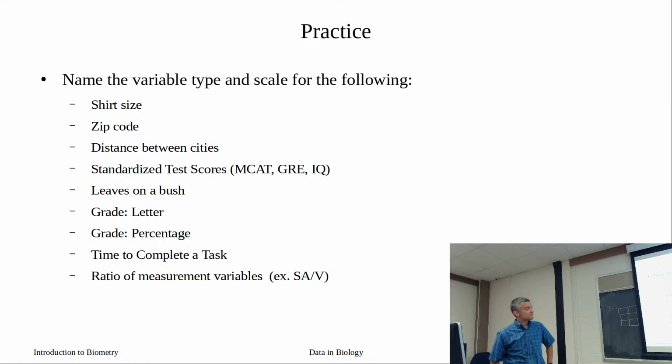Because it's a size, small, medium, or large. It's not a number, and not really in between. Nominal or ordinal? Ordinal. It has some implied order, small to large. So this is qualitative.